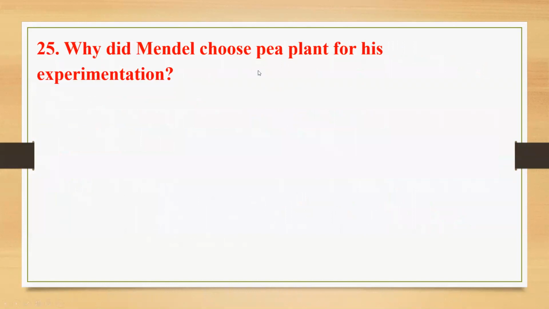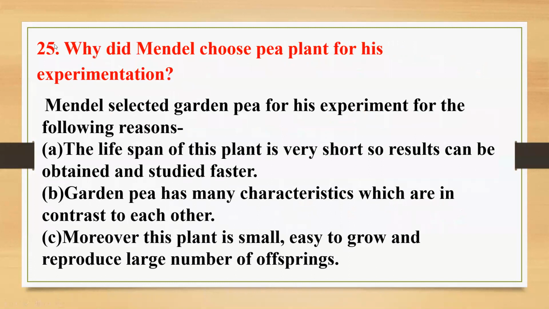Why did Mendel choose the pea plant for his experimentation? Because it is a very small plant with a very short lifetime. Mendel selected the garden pea for the following reasons. One, the lifespan of this plant is very short, so results can be obtained and studied faster.